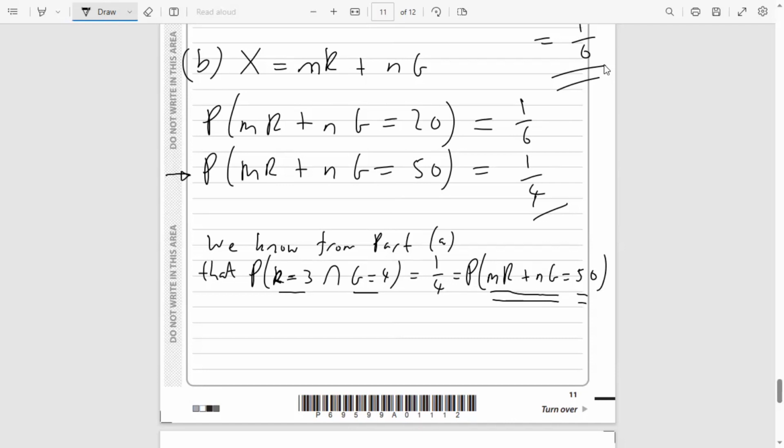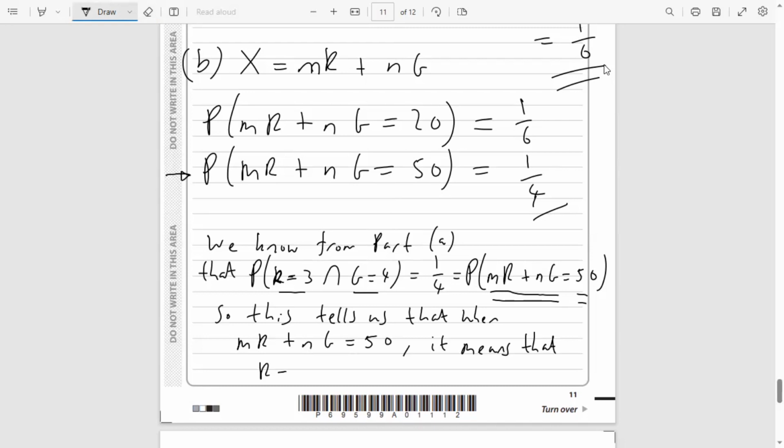So let's make a note of this here. So this tells us, sorry, let me rub this out here. So this tells us that when this MR plus NG is equal to 50, it means that R is 3 and G is 4.